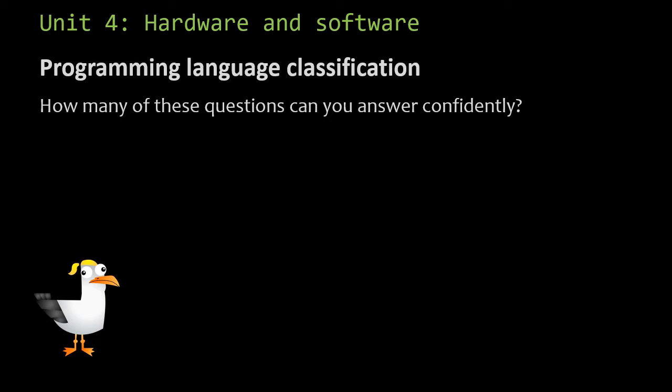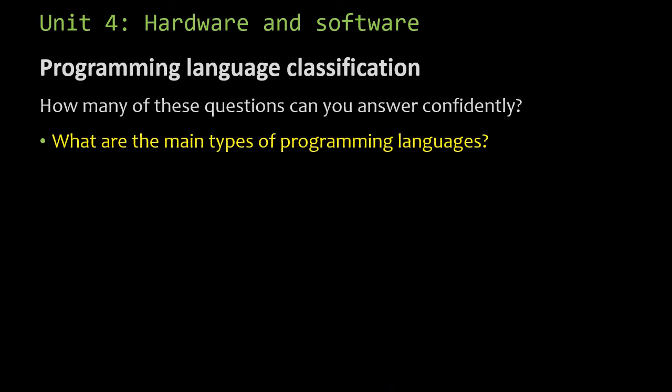So here's a way to figure out what you do or don't remember. How many of these questions can you answer confidently? You might want to pause the video once the questions are on and have a go at jotting those answers down, and then you can tick them off at the end. I'll put the answers up at the end of the slideshow.